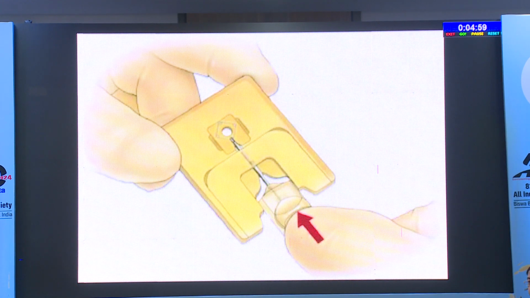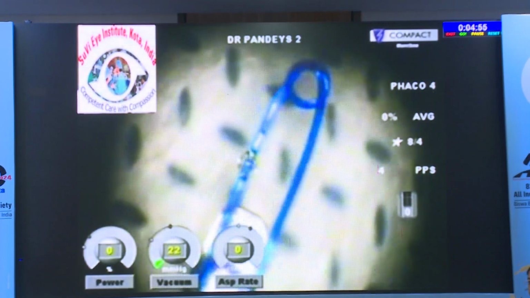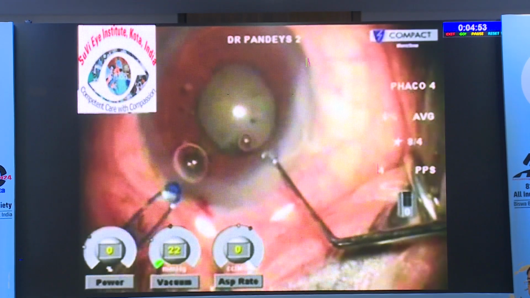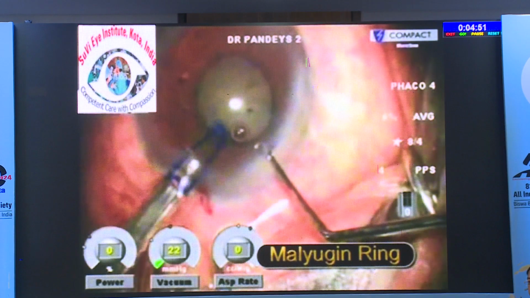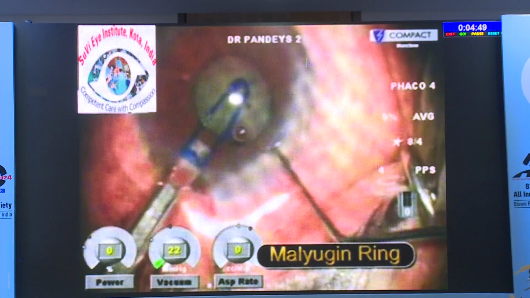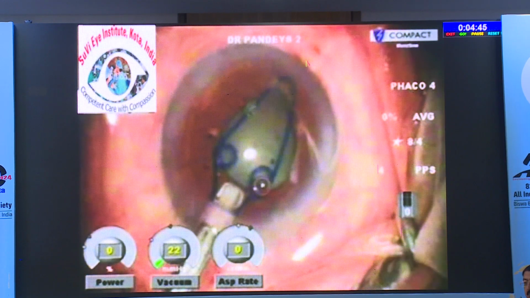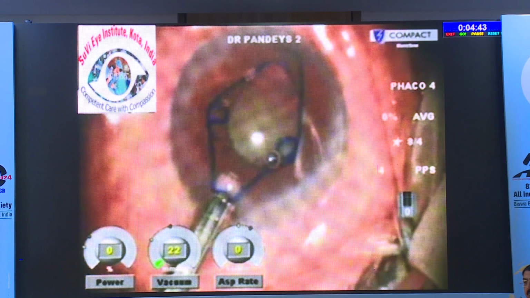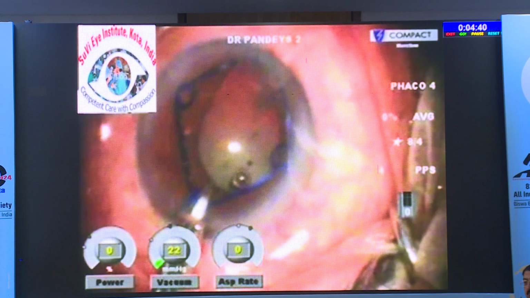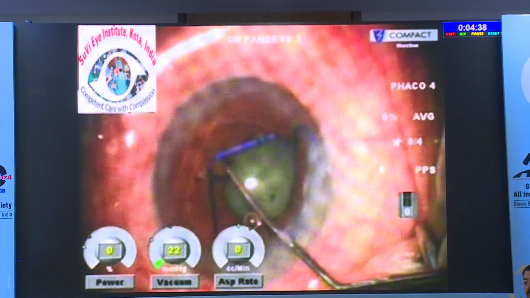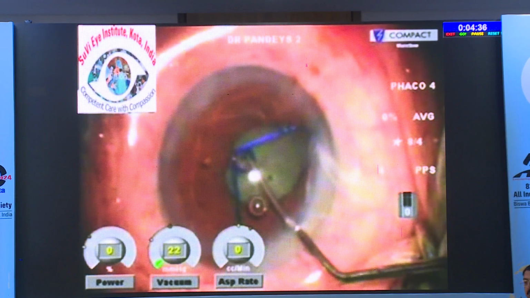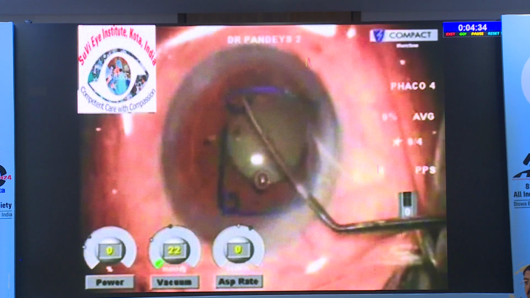The Malyugin ring comes in two sizes, around 6.25 millimeter and 7 millimeter, and it has various scrolls. First, the distal scroll is placed, and sometimes while placing the distal scroll, both the lateral scrolls can be placed on the iris. And lastly, the proximal scroll is placed on the iris.